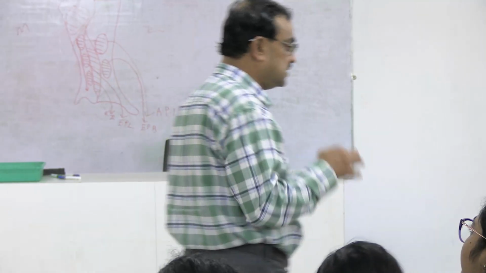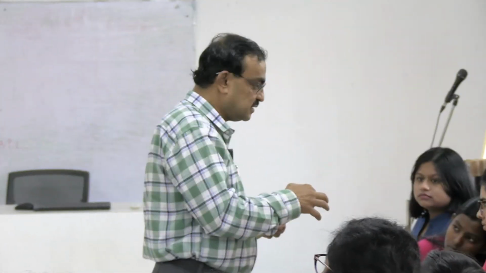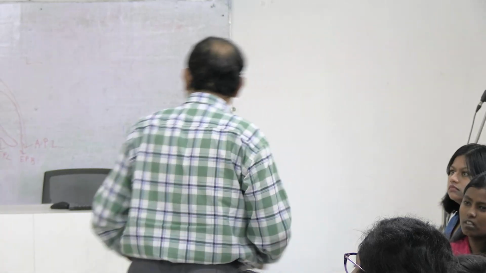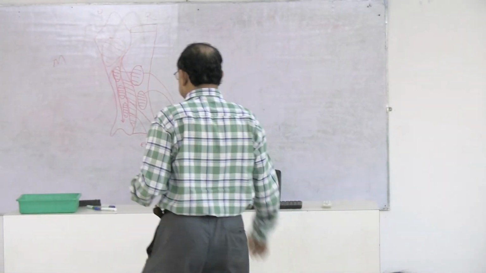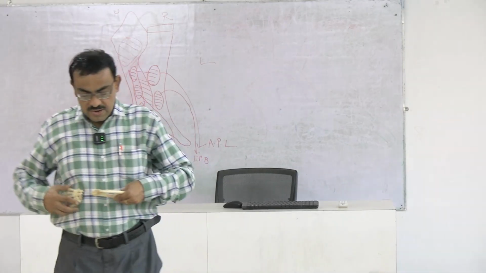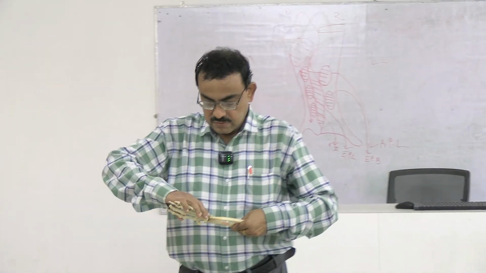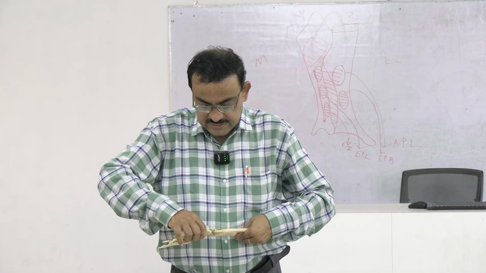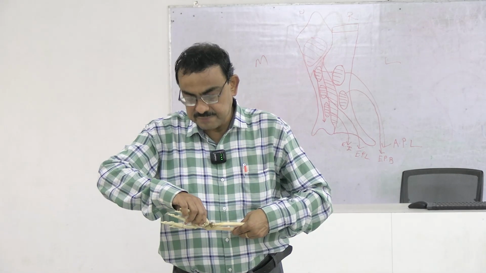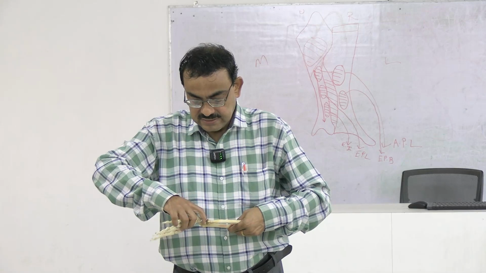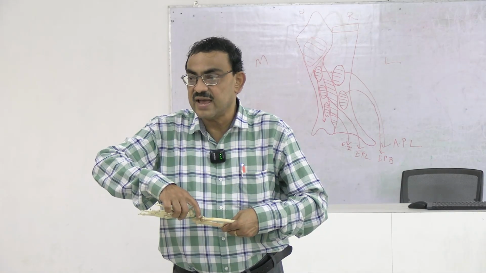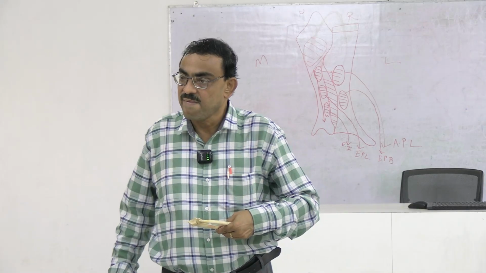Only the scaphoid and lunate can take part, but the ulna has been prevented by the articular disc which separates the wrist joint and the ulna. Okay.